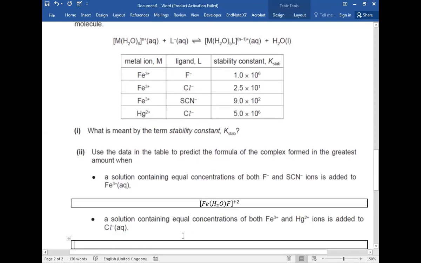Sorry, my bad, why do I keep saying silver? It's mercury. Mercury will form, because its stability constant has a higher value. And which complex? Hg, H2O 5 and Cl. And what will be the overall charge? +1. Is this clear?